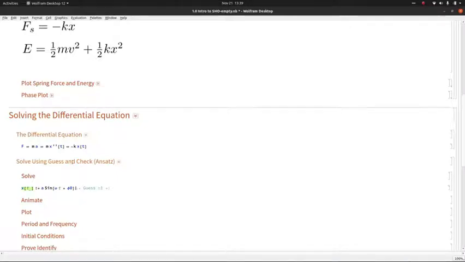Then I'm going to take the other equation I've typed in. So here I'm defining what x of t is. And then I'm just going to plug it into x double prime of t, where mass times x double prime of t is minus kx. Just plug it into my differential equation and see if that gives me the correct solution.